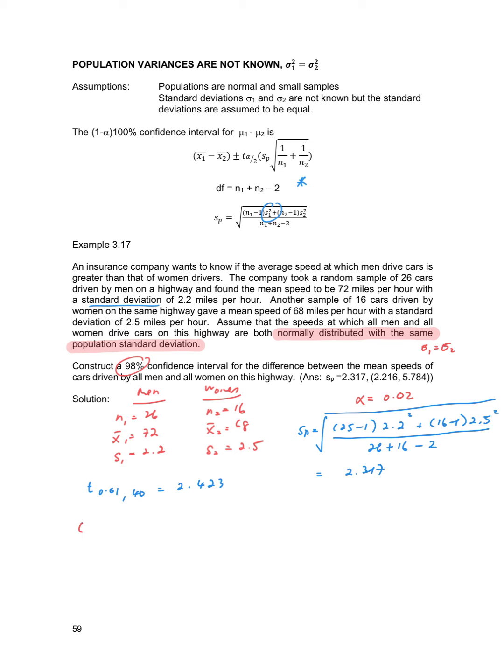So finally you can plug into the formula. x bar 1 minus x bar 2, 72 minus 68, plus minus t alpha over 2, df, which is 2.423, times Sp, 2.317, times the square root of 1 over n1 plus 1 over n2, 1 over 26 plus 1 over 16.